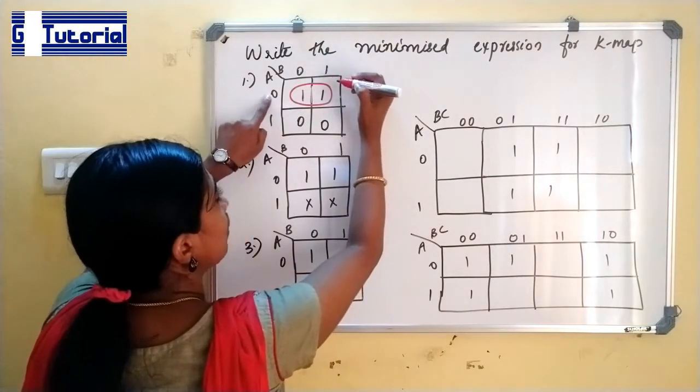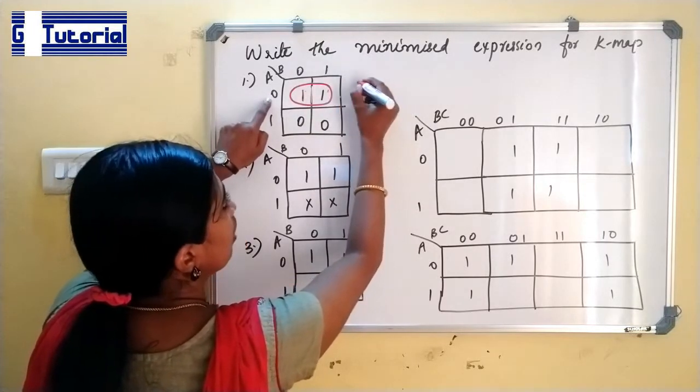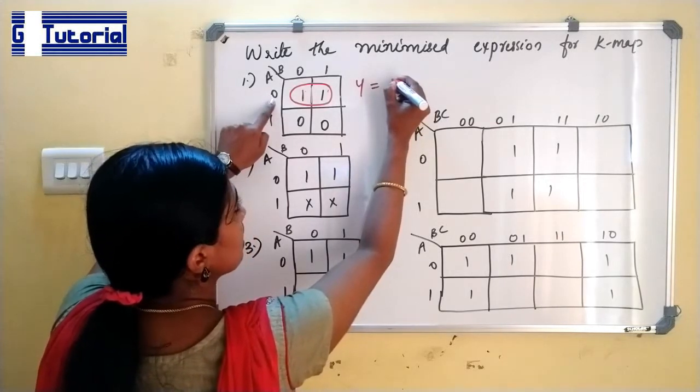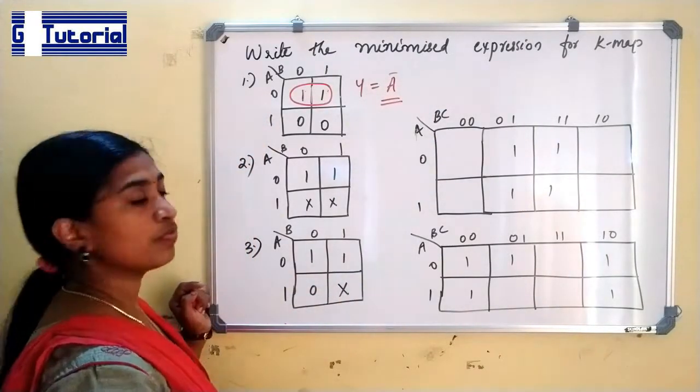The value of A is 0 in these two adjacent cells. So the output is A bar. This is the expression for the first K map.